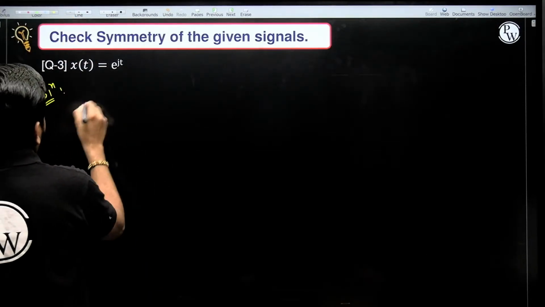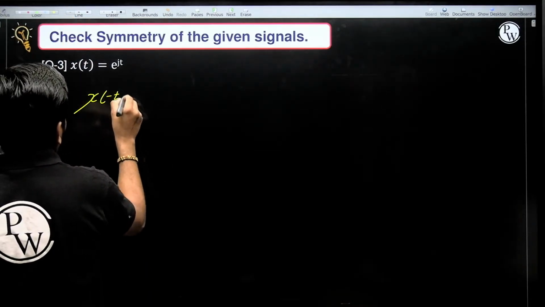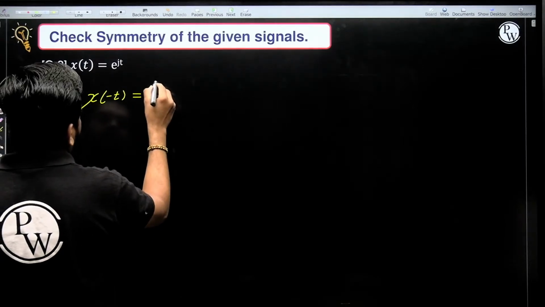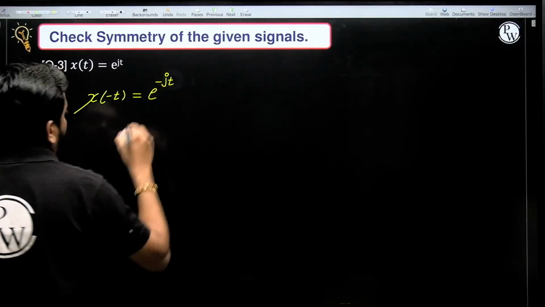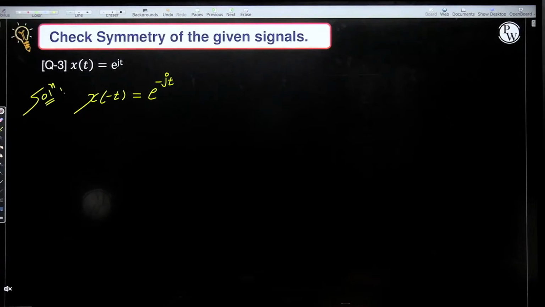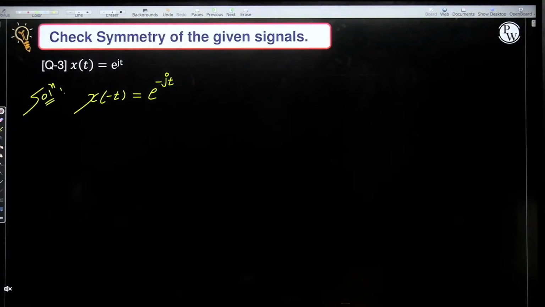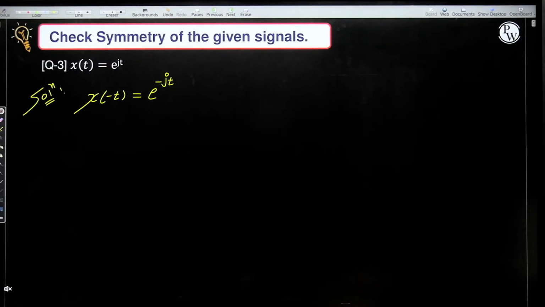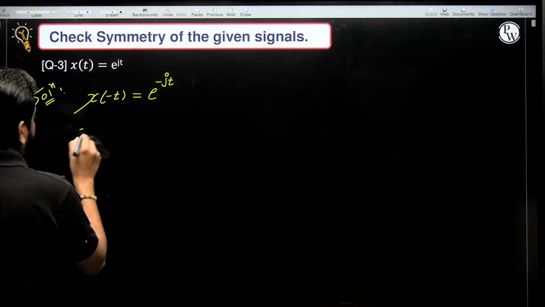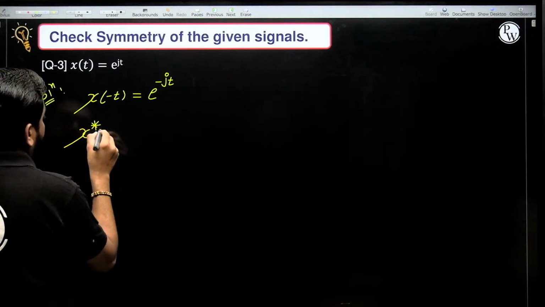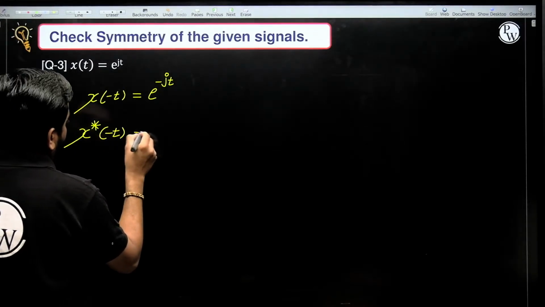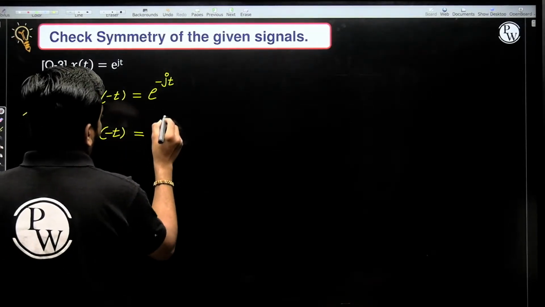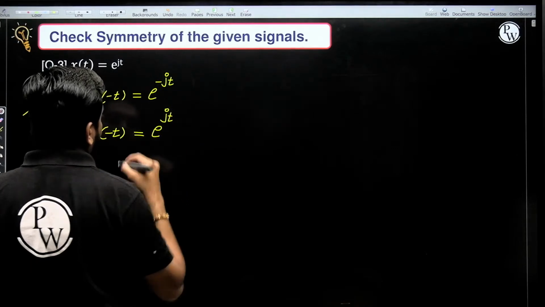Here t becomes minus t, so e to the power minus jt. Now conjugation: x conjugate of minus t is e to the power jt.